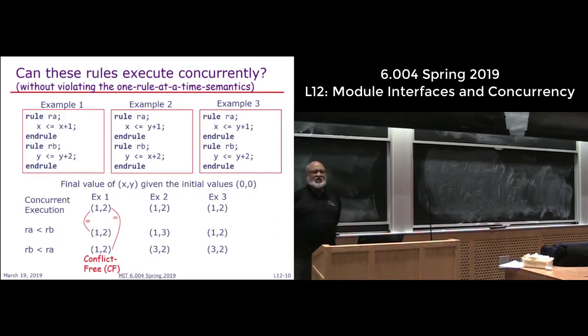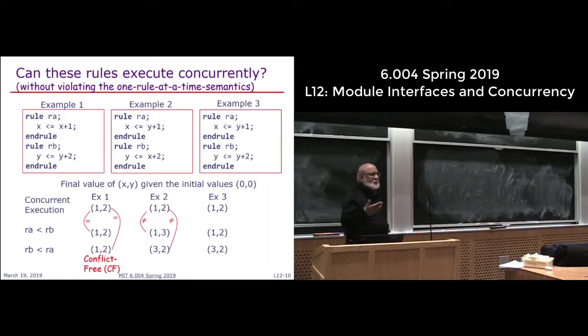All right, what about the second one? Does concurrent execution match RA before RB? No. Does it match RB before RA? No. So we say these two rules are conflicting. Good? Everybody understands this. The third case is even more interesting. The concurrent execution matches RA before RB, but it doesn't match RB before RA.